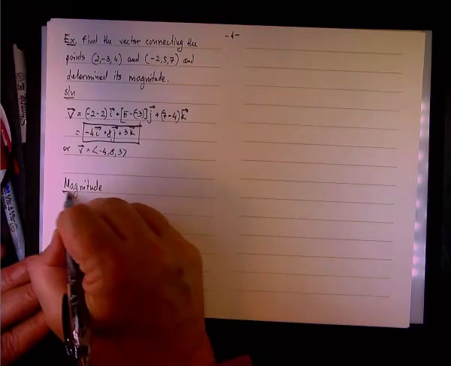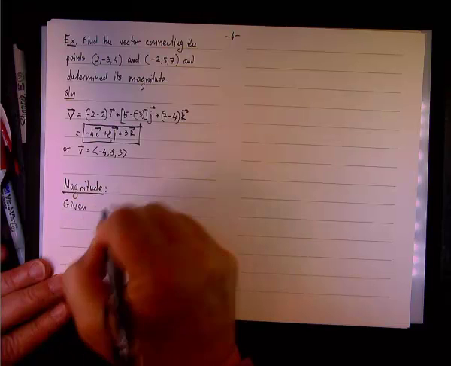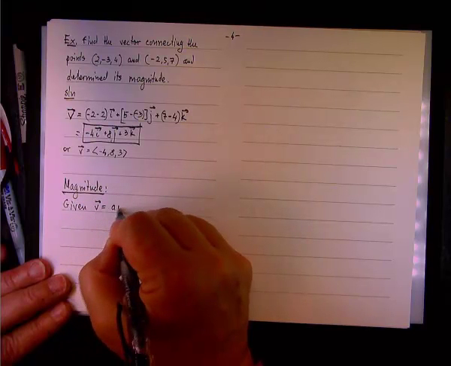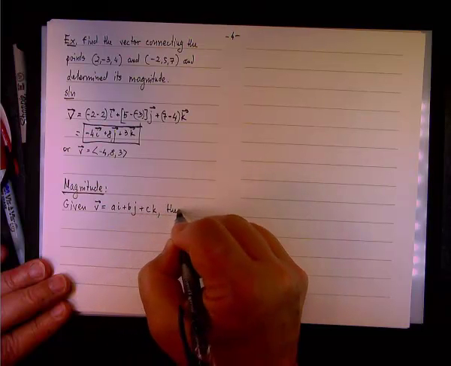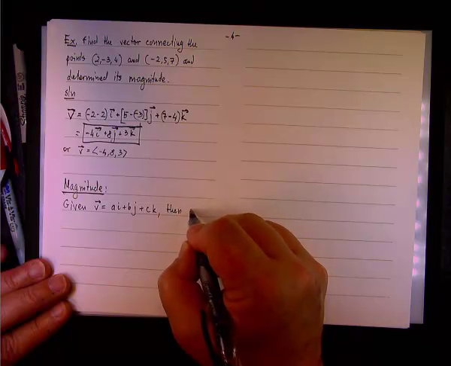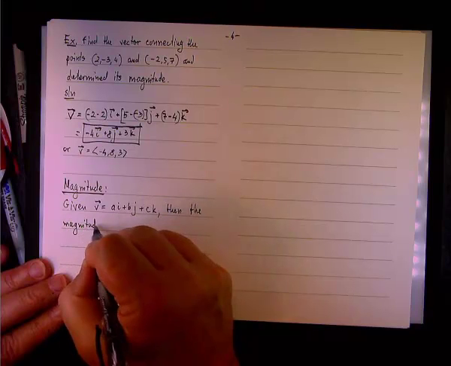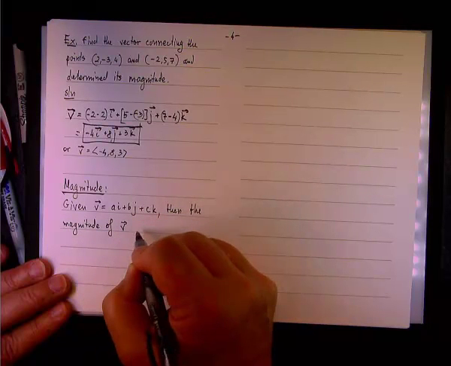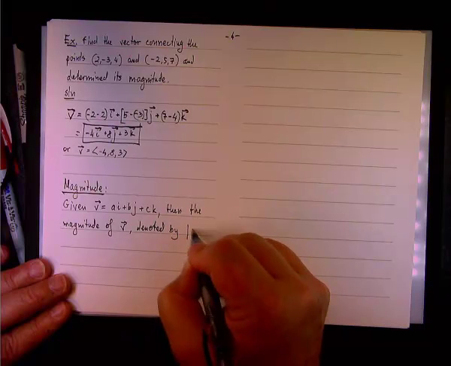What is the magnitude? Okay, magnitude of a vector. The general magnitude, given a vector v equal, let's say, ai plus bj plus ck, then the magnitude of v, denoted by, and I'll use this notation.